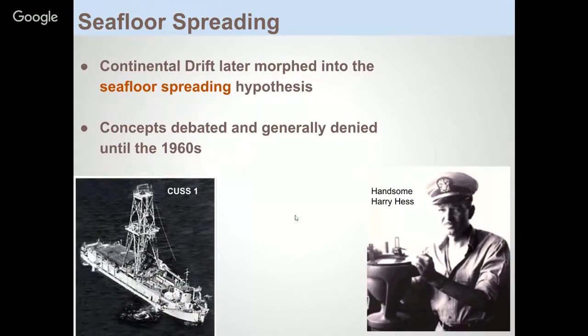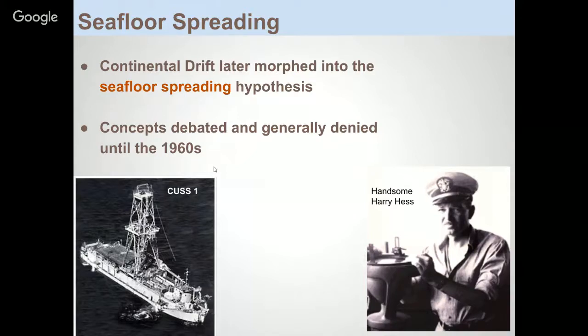And he is the one who hypothesized about this idea of seafloor spreading, where these mountain ranges do represent the plate generation areas, right?